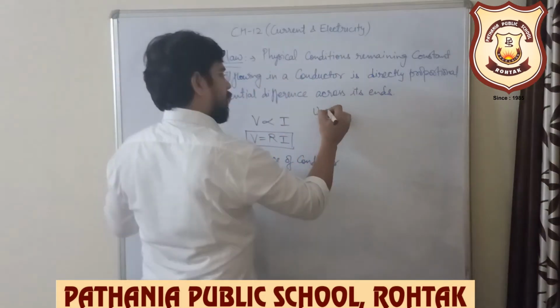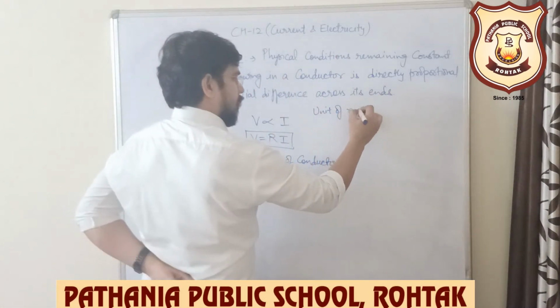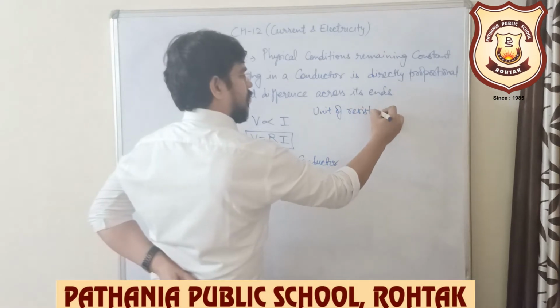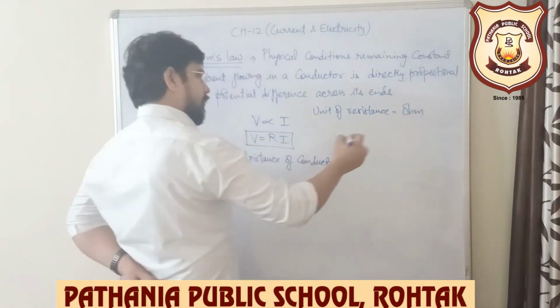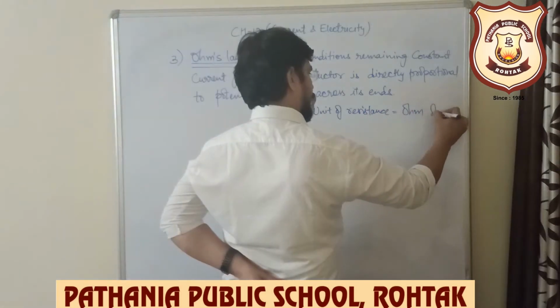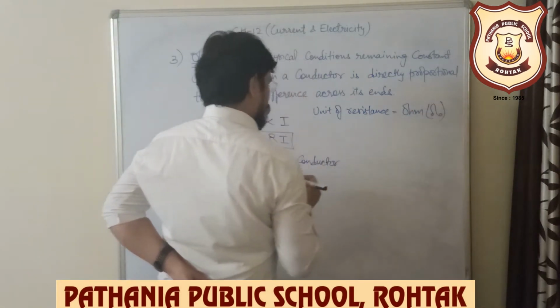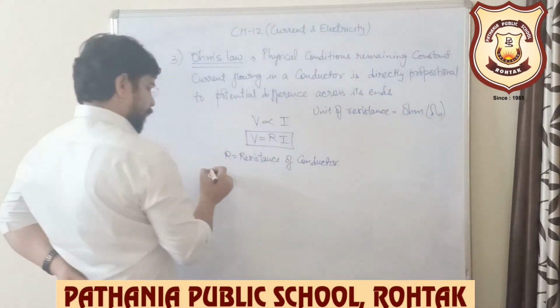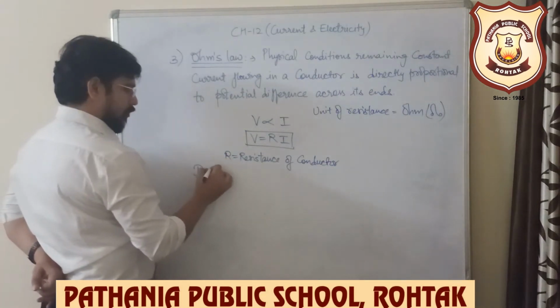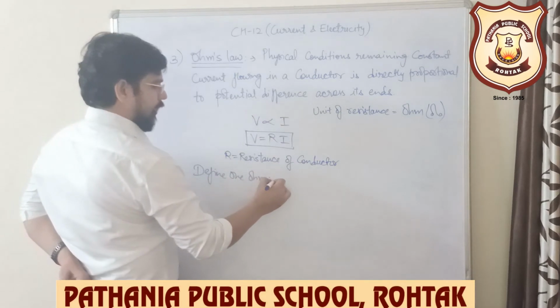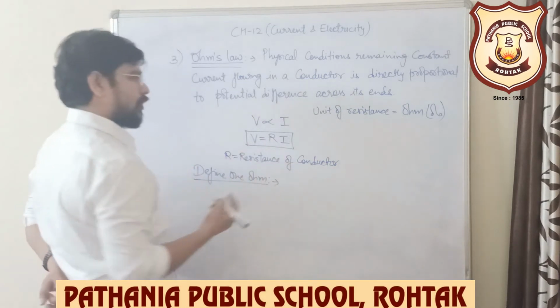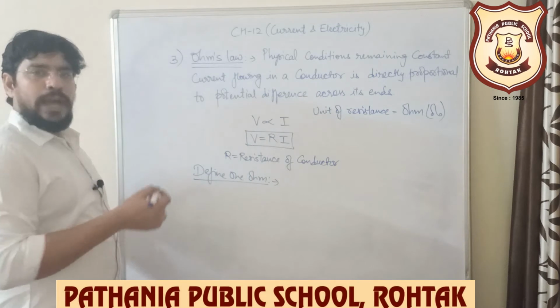Unit of resistance is ohm, and its symbol is like this, and we can define 1 ohm in the same manner as we have been defining potential and current.